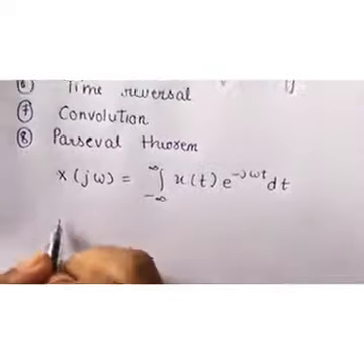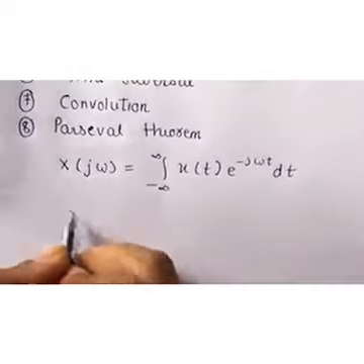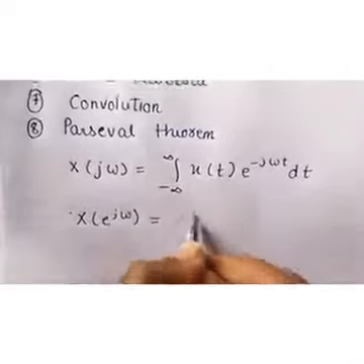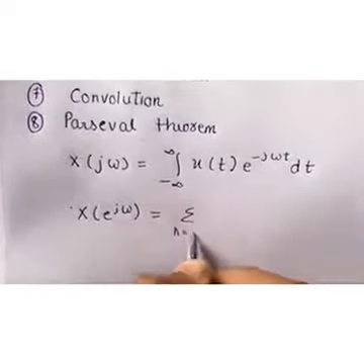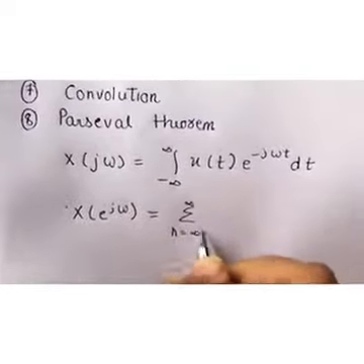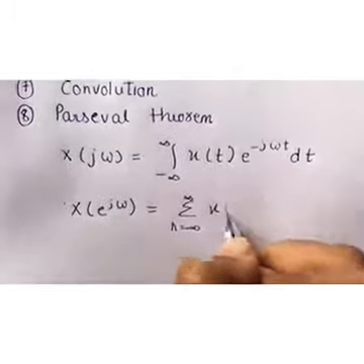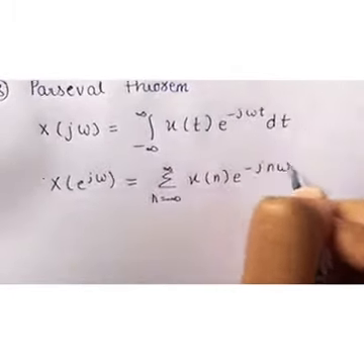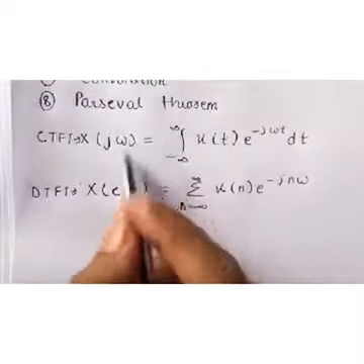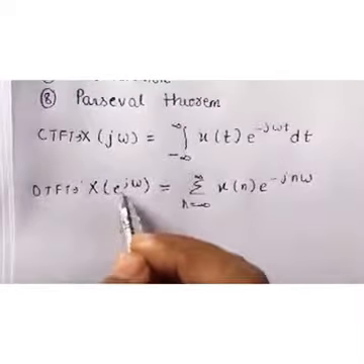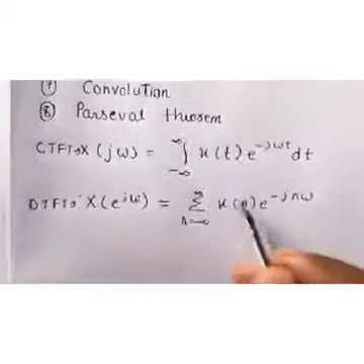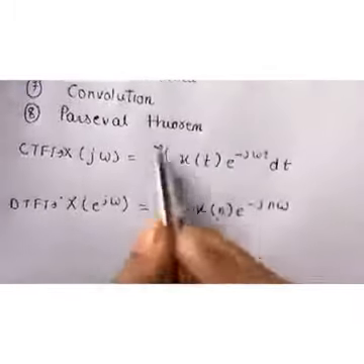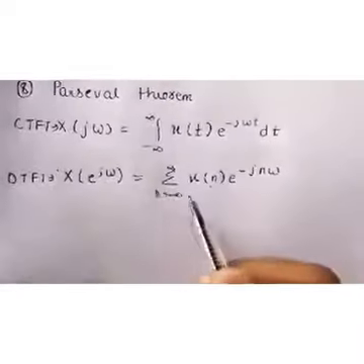And in DTFT we have X of e^j omega is equal to summation n equals minus infinity to infinity x of n e raised to power minus j omega n. The difference is that j omega is replaced here by e raised to power j omega, t is replaced by n, and integration is replaced by summation.